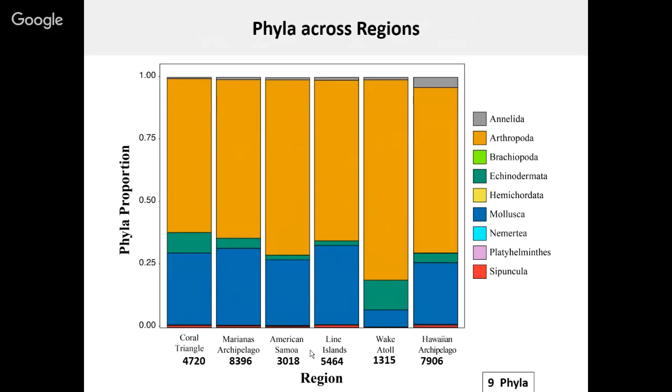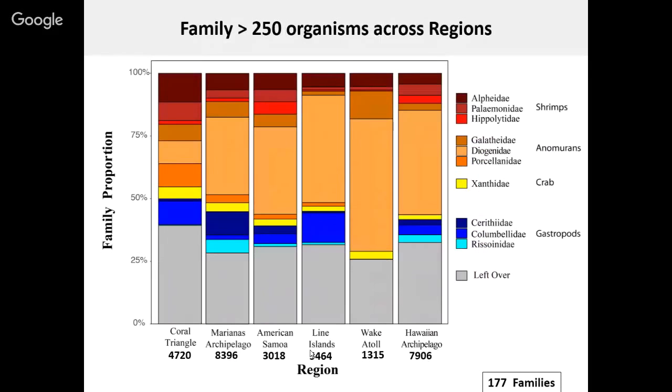Now, let's break this down a little bit more, because it's hard to see differences across these regions. So if you go down to families, that was about in the middle of that classification scheme I showed you. We have 177 families that we've identified in total. And this breaks down the organisms within families of greater than 250 organisms.